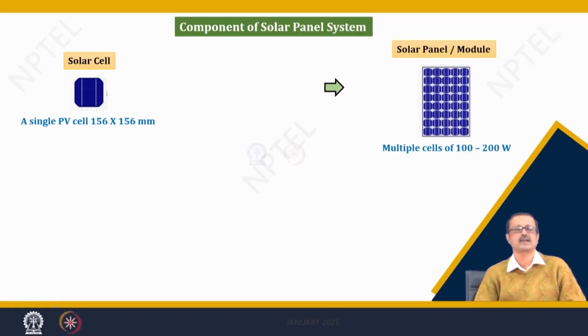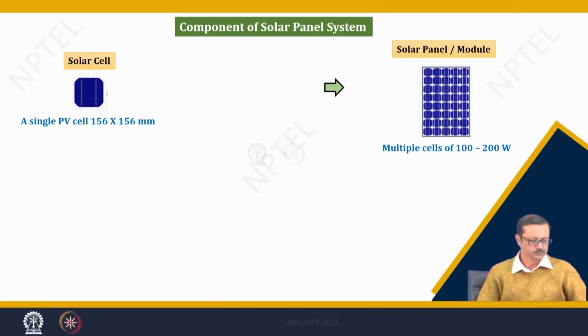Those cells harvest energy and are placed in an array, and that creates the module size of the solar panel. It may be 2 feet by 4 feet or 2 feet by 8 feet, something like that, created from multiple cells, and they have a rating like 100 volt or 200 volt.